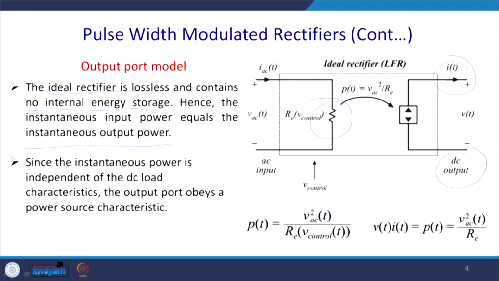But there is a problem here: if you multiply the in-phase components of the voltage and current, then at the zero crossing your instantaneous AC power is 0, and thus the instantaneous DC power is also 0. What essentially you will get is not a pure DC, but a ripple DC.